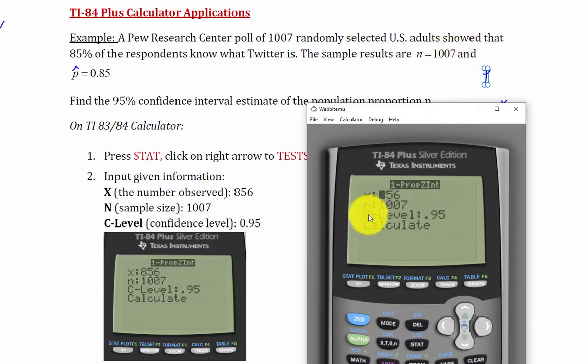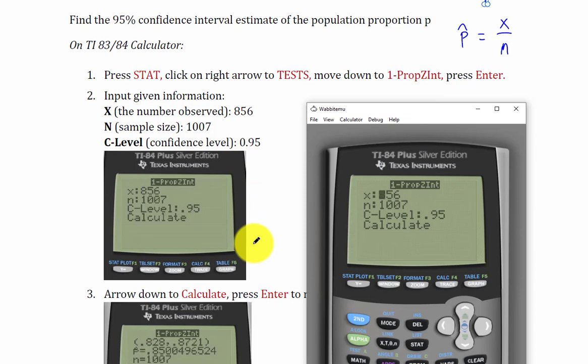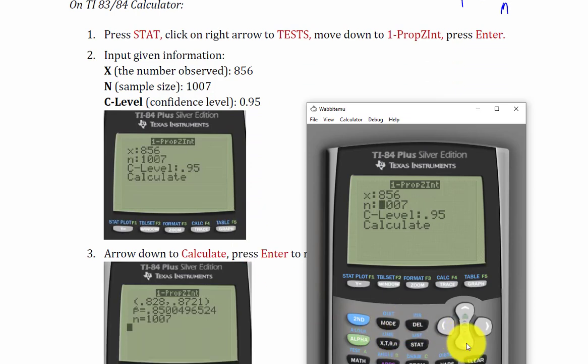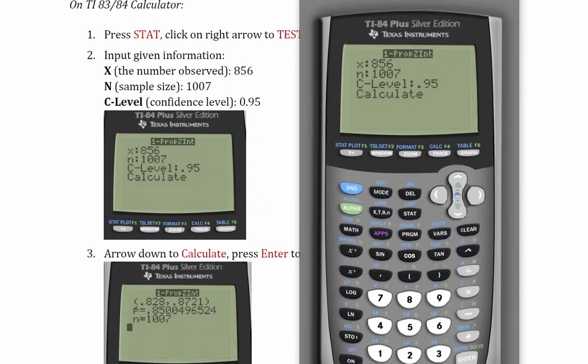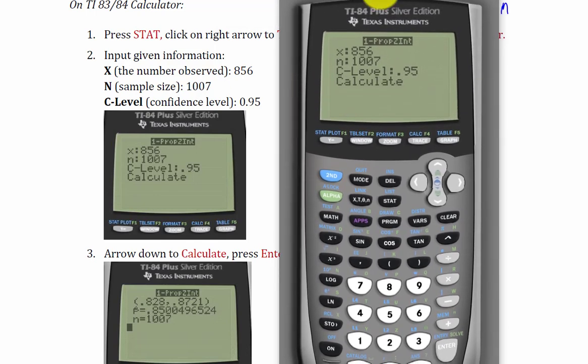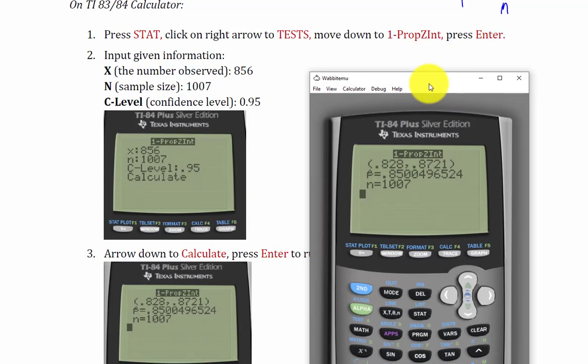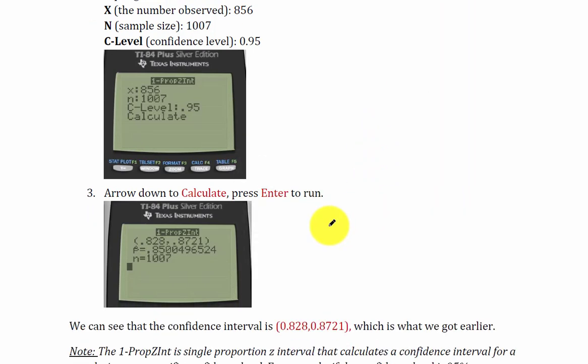We want the confidence level to be 95%. Make sure that is the decimal value 0.95. So after we input all the values here, move the arrow down to Calculate, and then hit the enter key. It gives you the confidence interval of 0.828 up to 0.8721, right? And that is here.